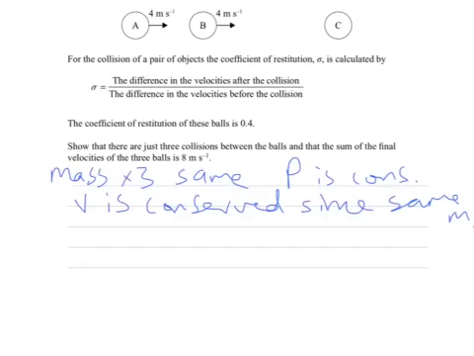So we're showing that there are 3 collisions. We'll have to identify each of the collisions and work through this formula to show what the final velocities will be, and then it'll show which the next collision will be. I'll run through the first one, and then I'll leave it up to you to work through the rest yourself.